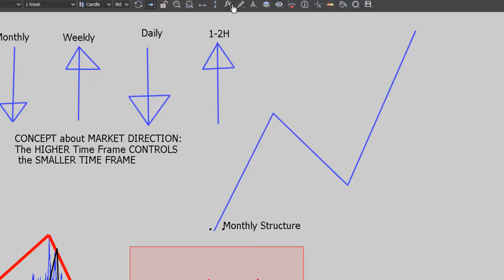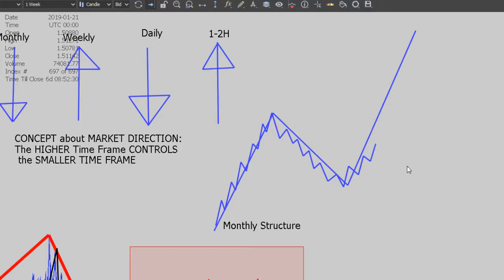Well, of course you are going to have the waves, right? You are going to have the higher highs, higher lows, higher high, higher low, and so on, then lower low, lower high, lower low, lower high, and so on, then higher high, higher low, higher high, higher low, and so on and so on. Correct?